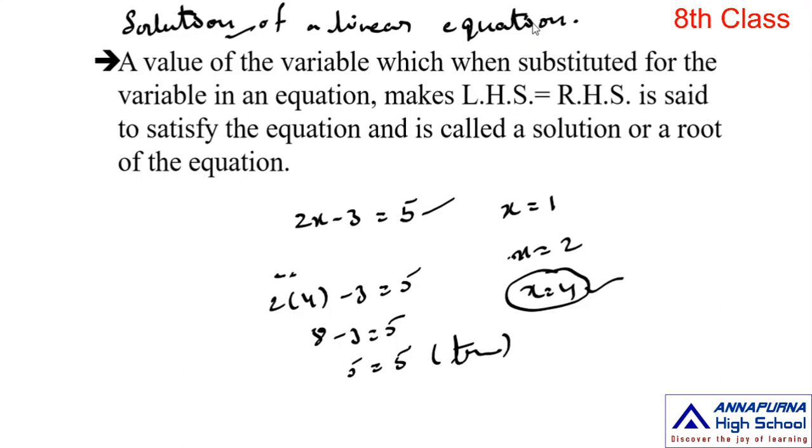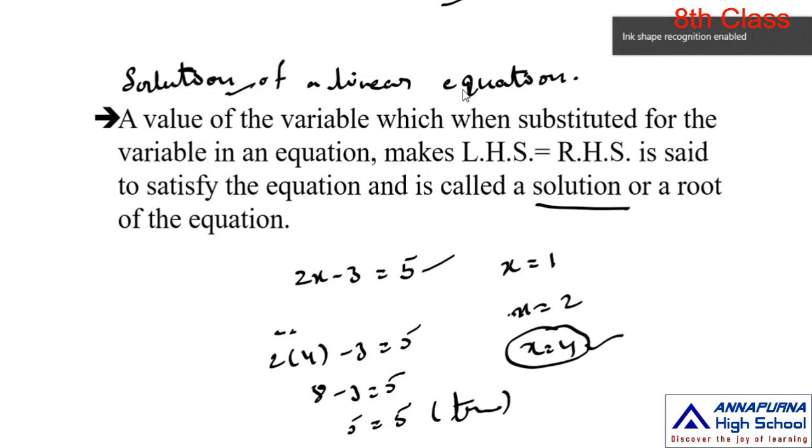This is the most important word. So many members are confused on this. What is the meaning of solution? Solution means purely a variable value which makes a true statement. In this chapter we shall study finding the solutions of a linear equation in one variable only.